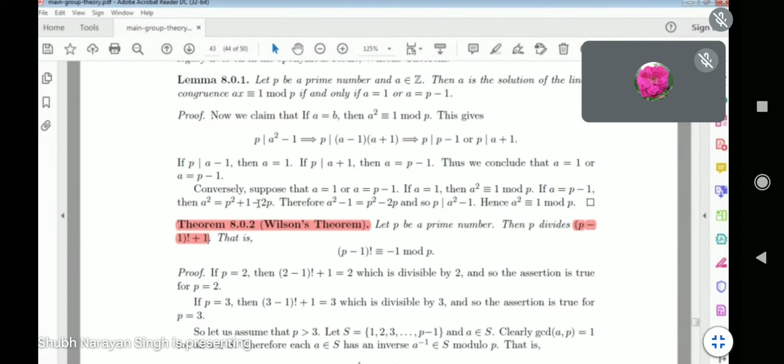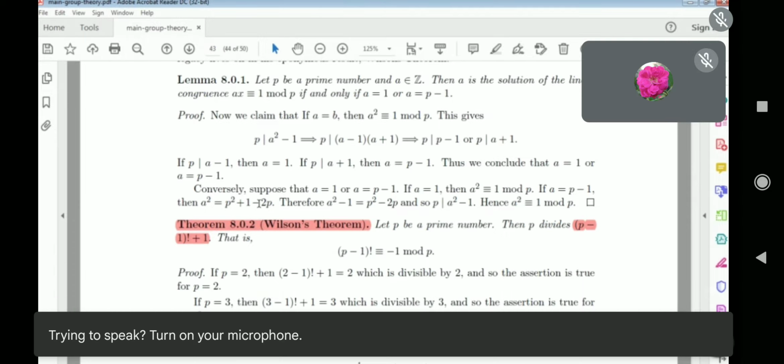Wilson's theorem says that any prime number p always divides the number (p minus 1) factorial plus 1.